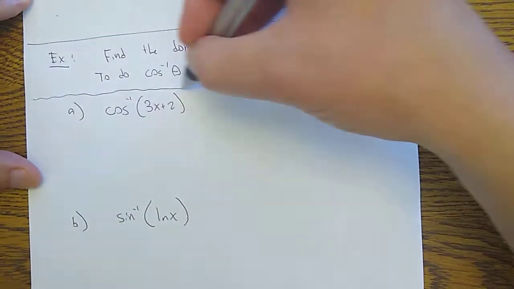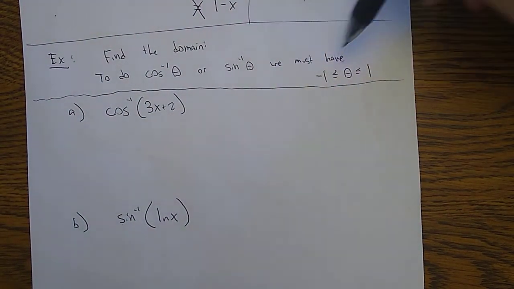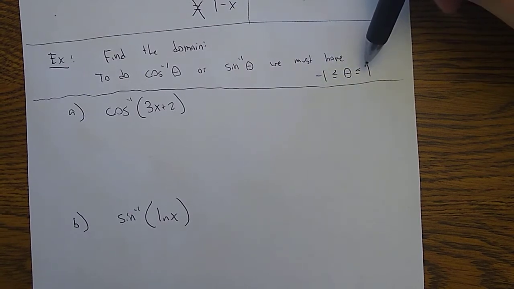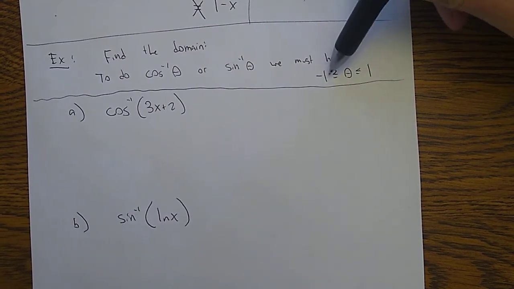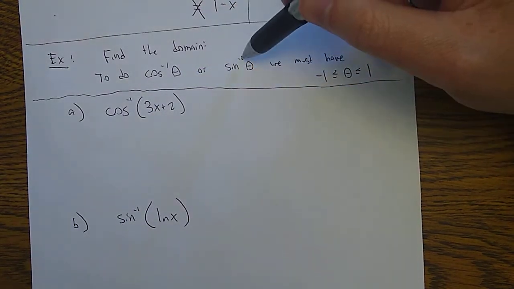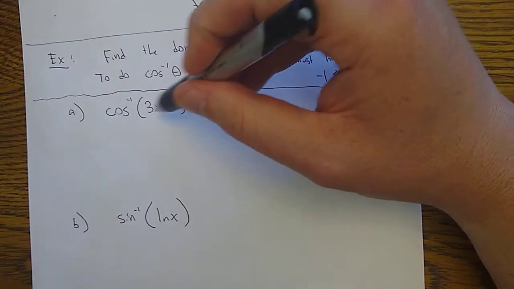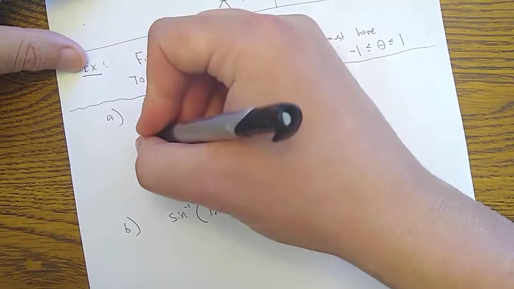That's how you talk about the domains of these things. And this is directly because the cosine and sine of anything is between -1 and 1. So if I'm going to do the arc cosine or the arc sine of anything, whatever that is has to be between -1 and 1. So knowing that, that's going to make part A easy.